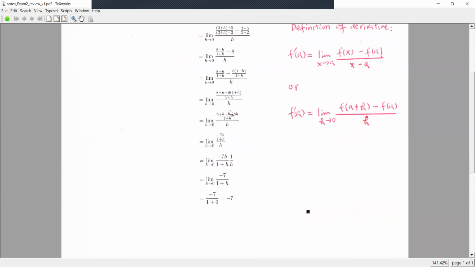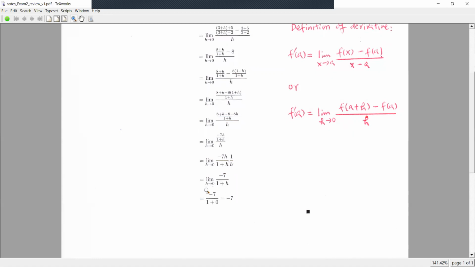Cancel the number 8, and 8h minus 1 times h is negative 7 times h. Then I have this equation. Then write this quotient as this quotient times 1 over h. Cancel h, then I have this equation.